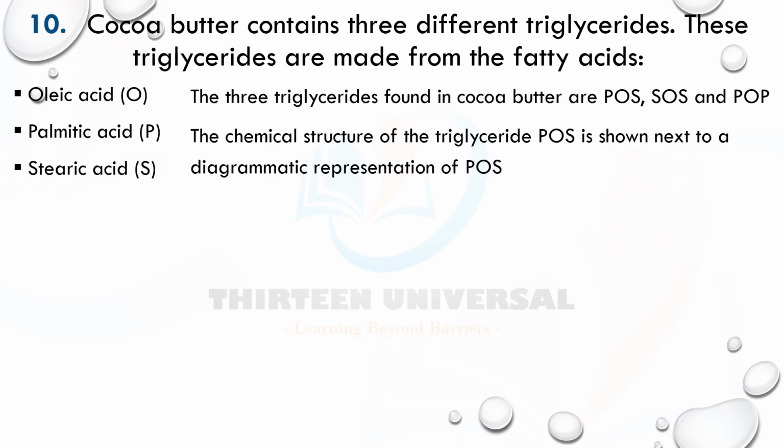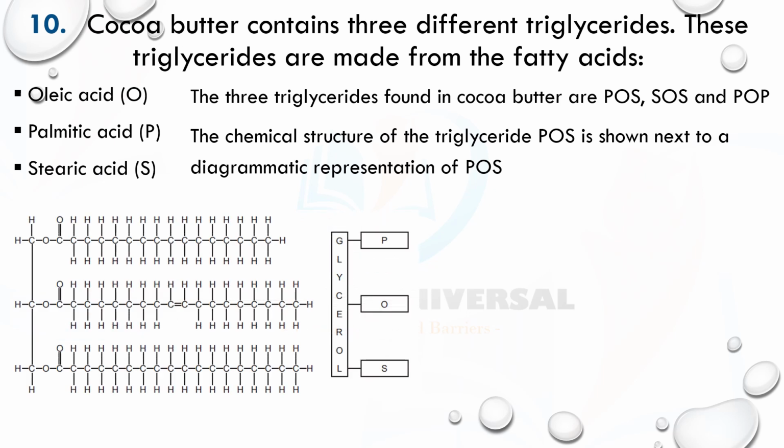The chemical structure of the triglyceride POS is shown next to a diagrammatic representation of POS. That means P is this fatty acid, O is this fatty acid, S is this fatty acid. When they say POS, the first rule is you must understand the question. You just keep interchanging them.